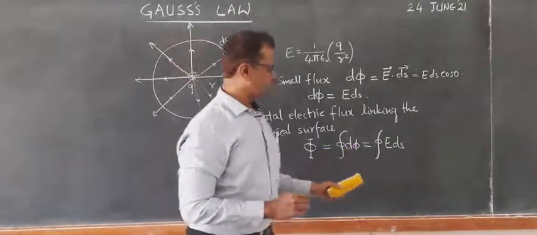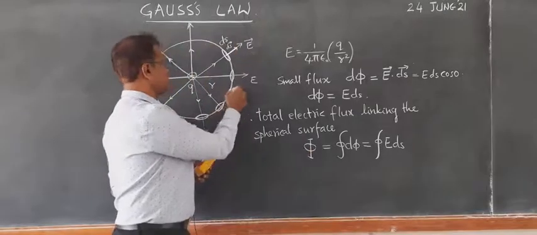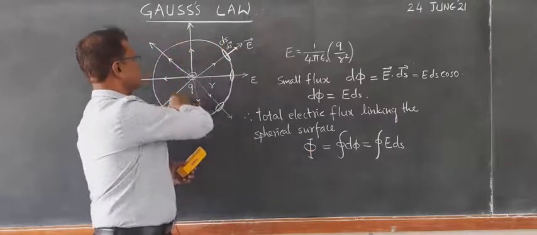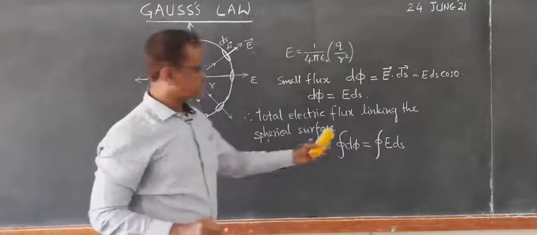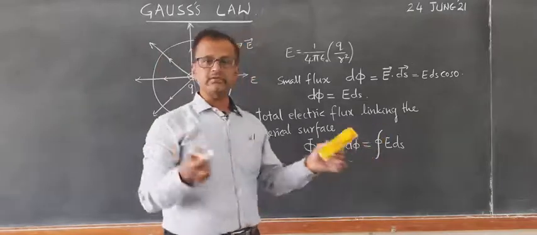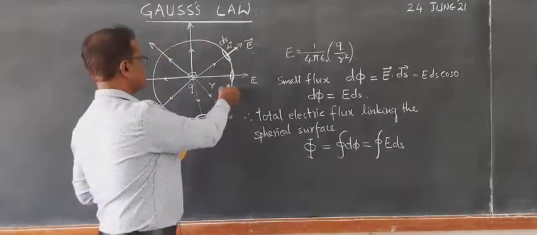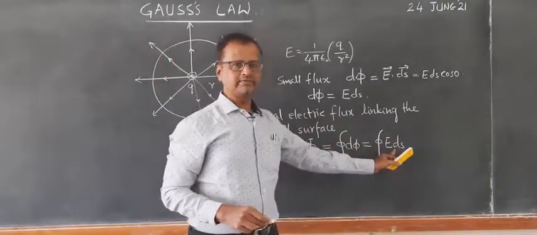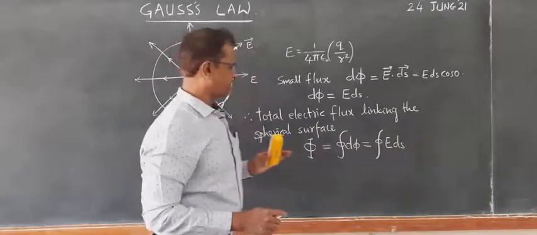It means the integral of such small fluxes taken for the entire closed surface, which is called a surface integral. Surface integral taken over the closed surface.